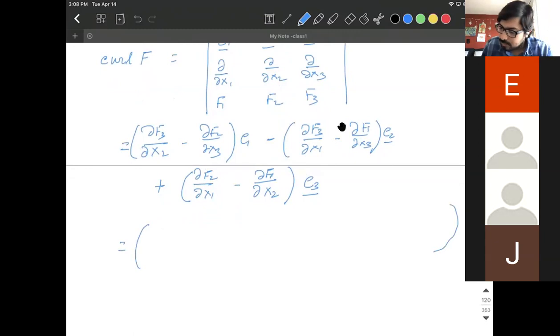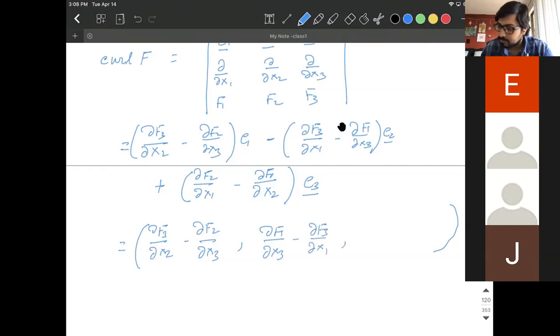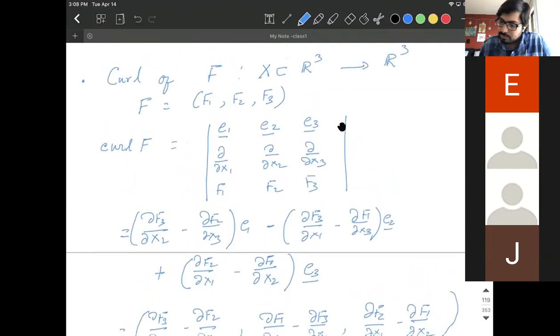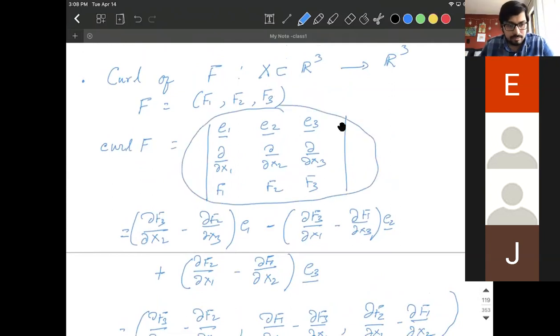So this is del F3 del x2 minus del F2 del x3, the usual one, then del F1 del x3 minus del F3 del x1, then del F2 del x1 minus del F1 del x2. So the easier way to remember the curl is through this vector determinant type of formula.